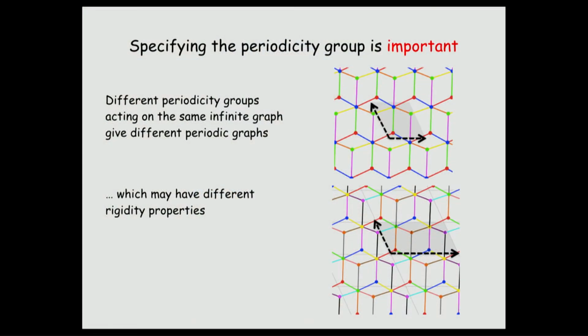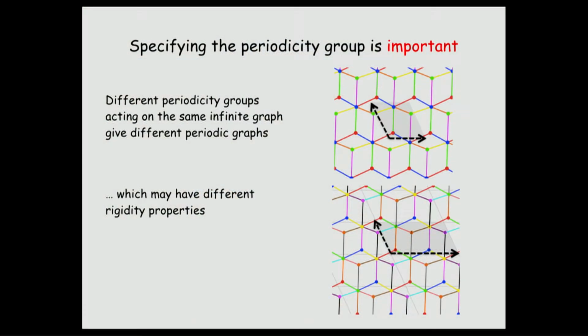And again, we can define the configuration space, we can define the deformation space, and the nice thing is that with this definition, we can say when the deformation space is rigid because we can identify when the deformation is an isolated point, and otherwise it is flexible. Yeah? Okay, so I want to specify that choosing the periodicity group is important.